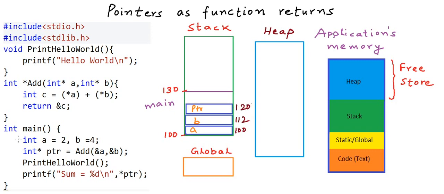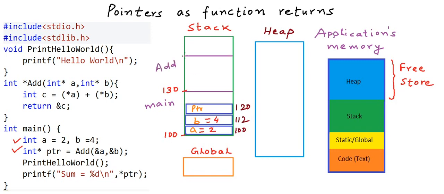Now when the main method will come at this line where it is calling add function, its execution will pause, and now memory will be allocated for the execution of add. At any time, whatever function is at the top of stack is executing. Main method will wait for add function to complete and return. So here I should say a is equal to 2, b is equal to 4, and now add comes here in the stack.